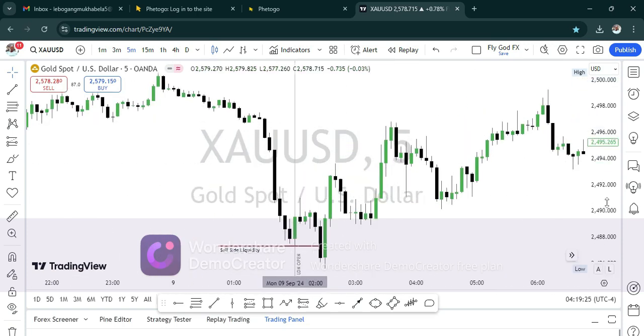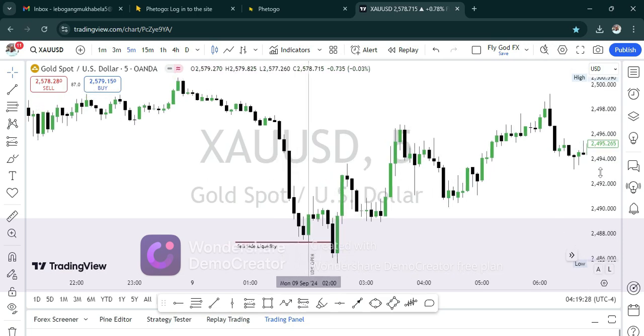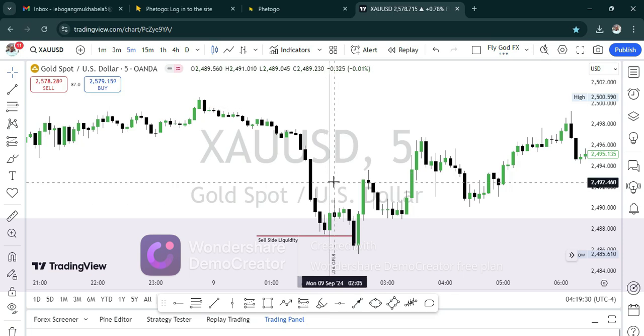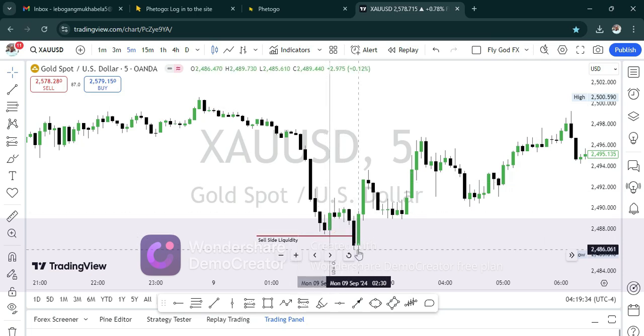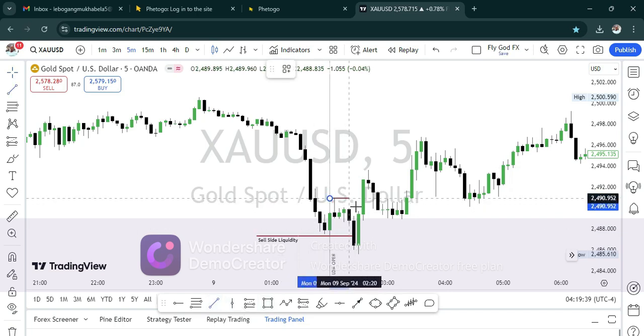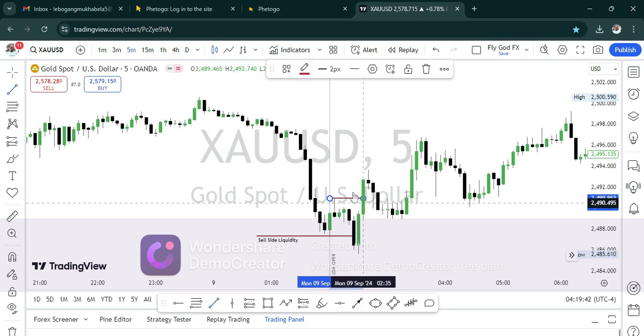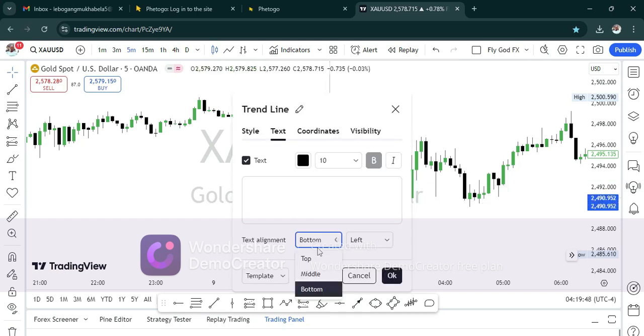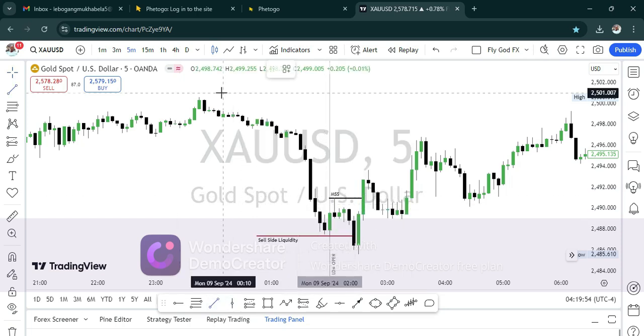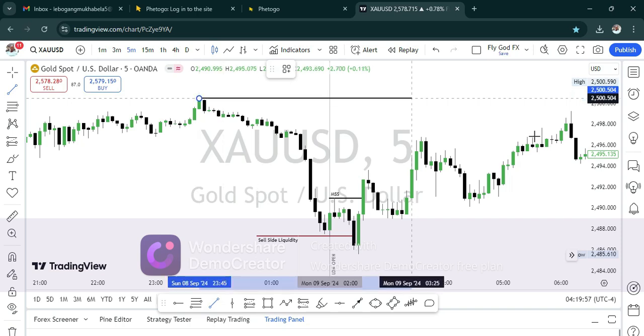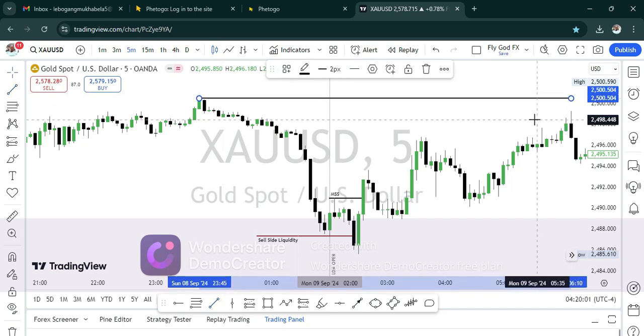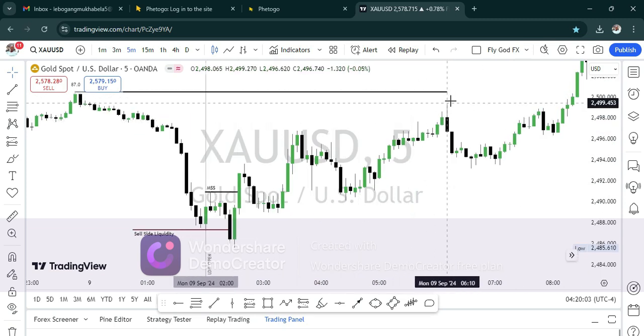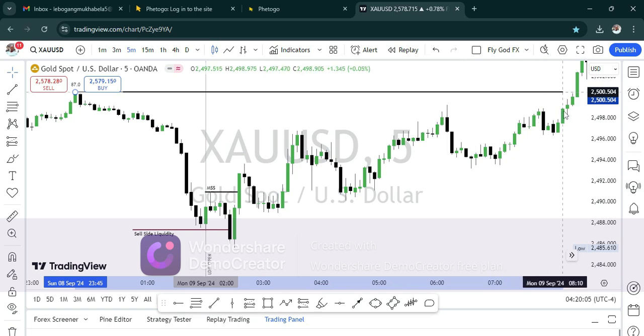Whether you are following bias or not, if you get a low during the open of London, and then you have a shifting market structure like this, you might not get a full run, but you are at least guaranteed some few pips for that session.